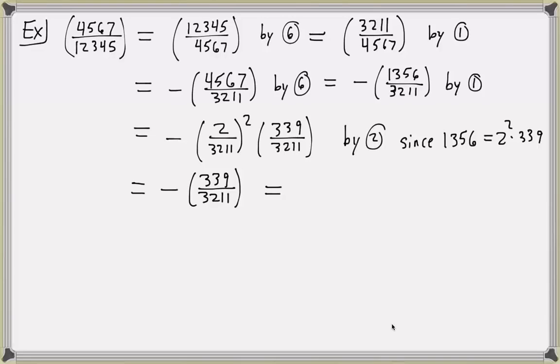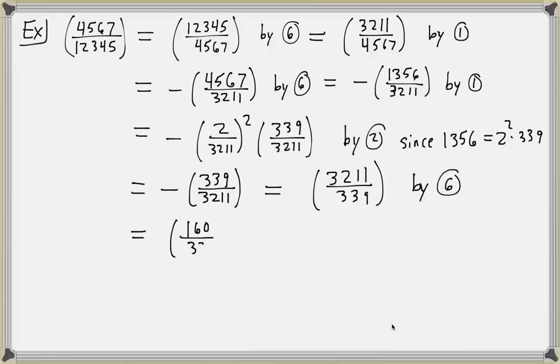I can use the law of quadratic reciprocity again, and both of these entries are 3 mod 4, so when I flip it, I have to introduce a minus sign by property 6, and reducing mod 339, I get this is 160 over 339 by property 1. I can factor 160 as 2 to the 5th times 5.